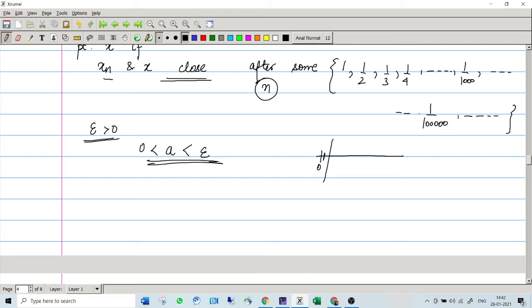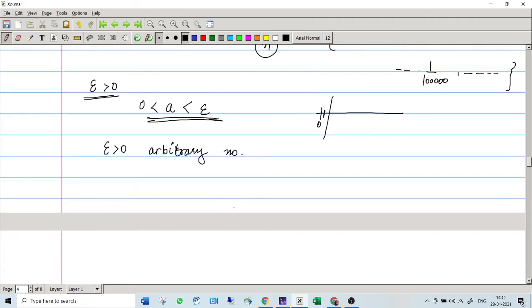So what do we do in general? We take epsilon to be an arbitrary number. You know the meaning of the word arbitrary, right? So we take epsilon greater than 0 to be any arbitrary number, and we say that this number a is very close to 0.